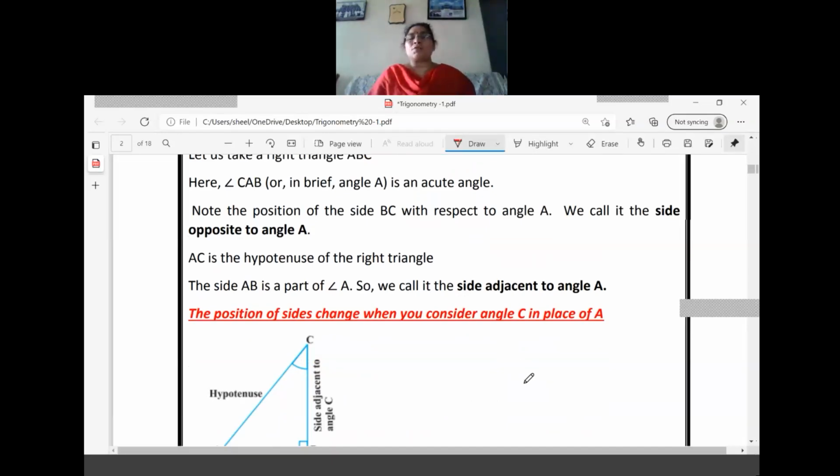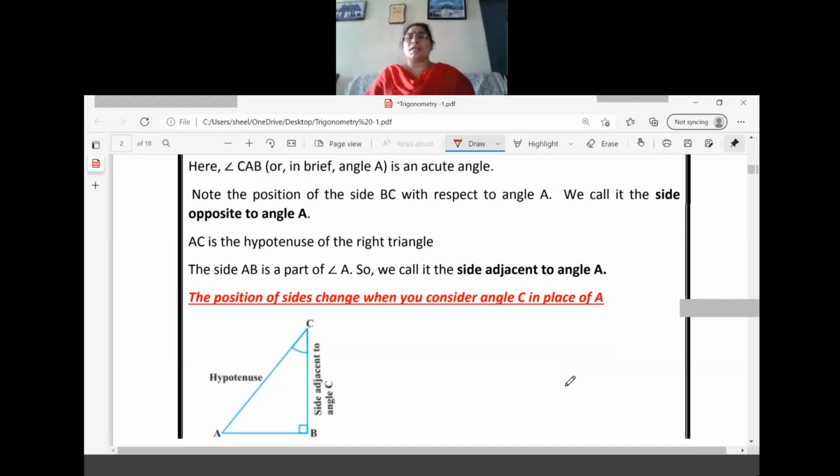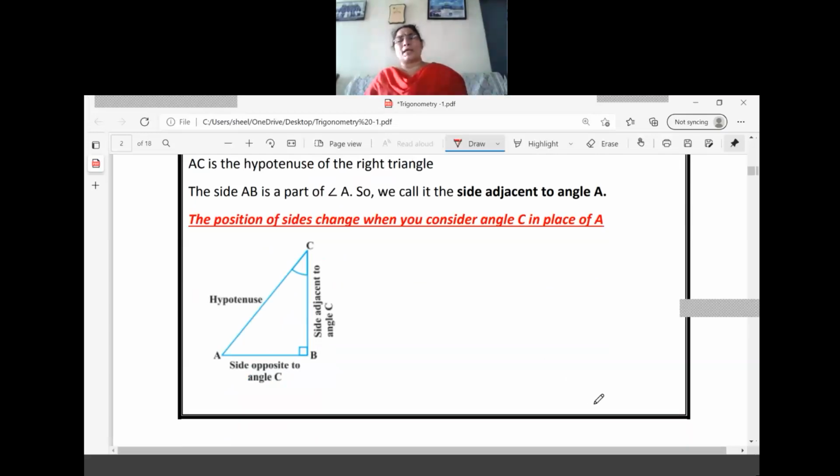The position of sides changes when you consider angle C in place of angle A. Naturally, when the angle is changed from A to C, what changes happen in the diagram? Let us say the hypotenuse, there is no change.